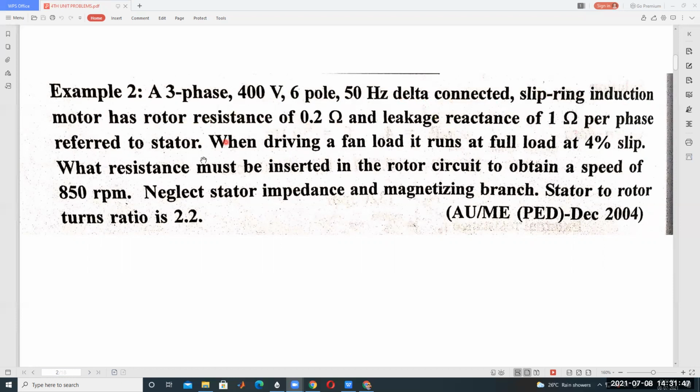When driving a fan load, it runs at full load at 4% slip. What resistance must be inserted in the rotor circuit to obtain a speed? Let's state the impedance and magnetizing branch.